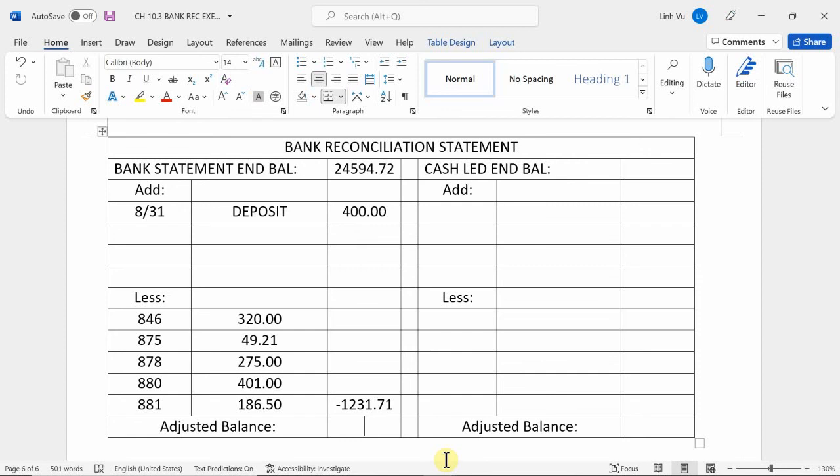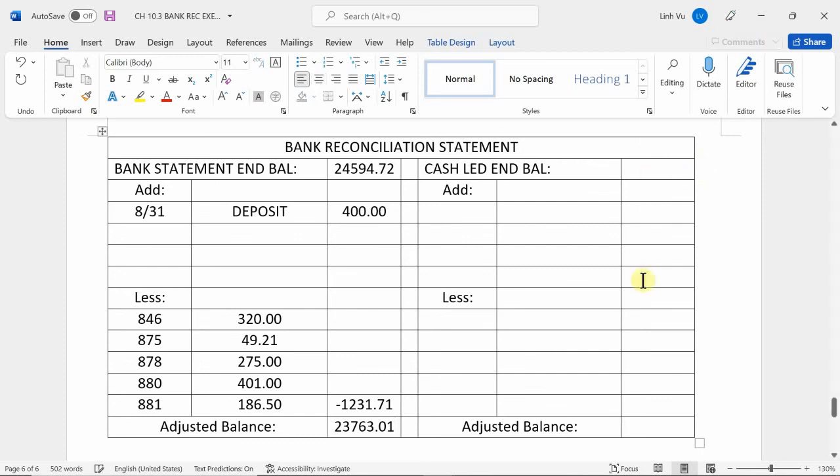We got 23,763.01. Okay, so 23,763.01. Good. Yes. That's one side. Now let's do the other.